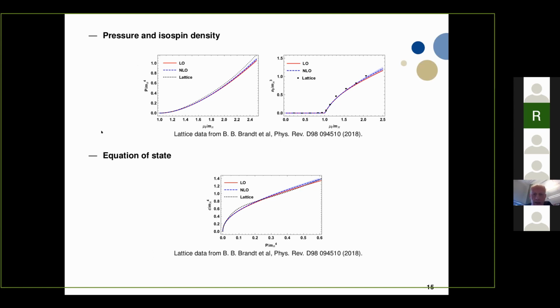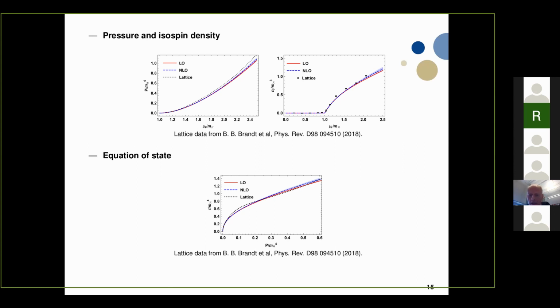We have a number of quantities that we can compare with the lattice. I understand that Bastian will return to the equation of state in particular during his talk. So let me focus on this plot here, which shows you the isospin density as a function of mu I. The diamonds, or the black squares, are the lattice results from our lattice friends.